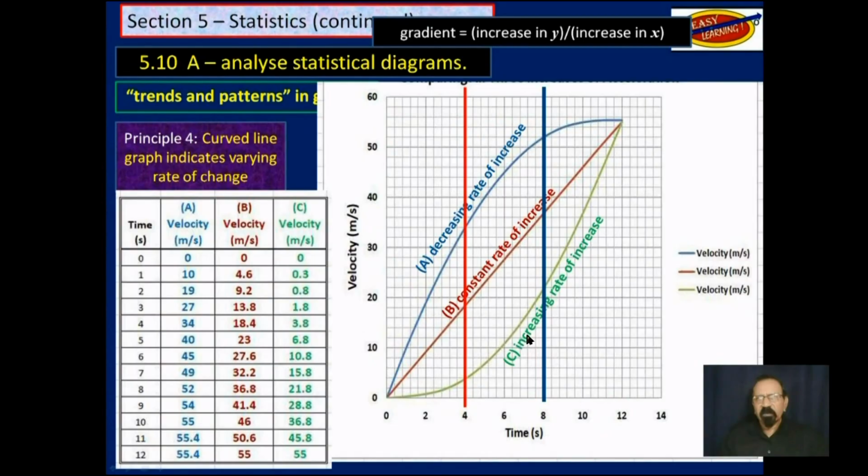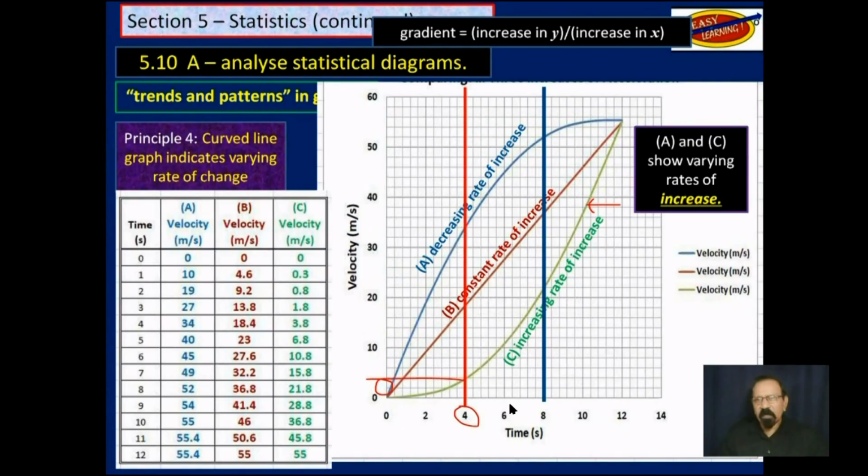Let's consider this green line down here. Notice in the first 4 seconds, only that velocity changed. In the next 4 seconds, the velocity changed by that much. And finally, in the last 4 seconds, the velocity changed by this much that you see here.